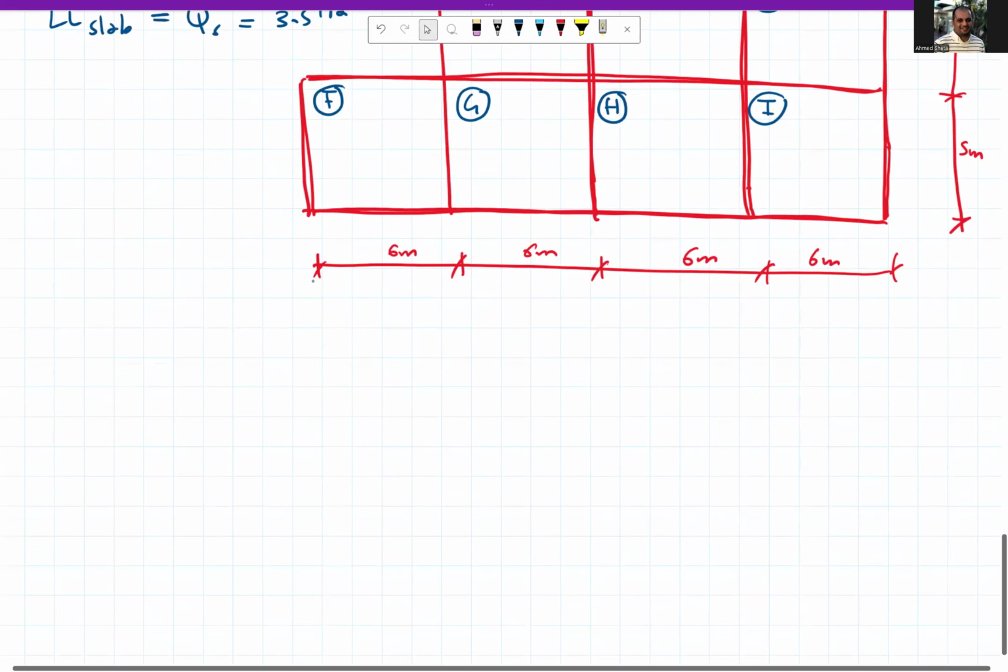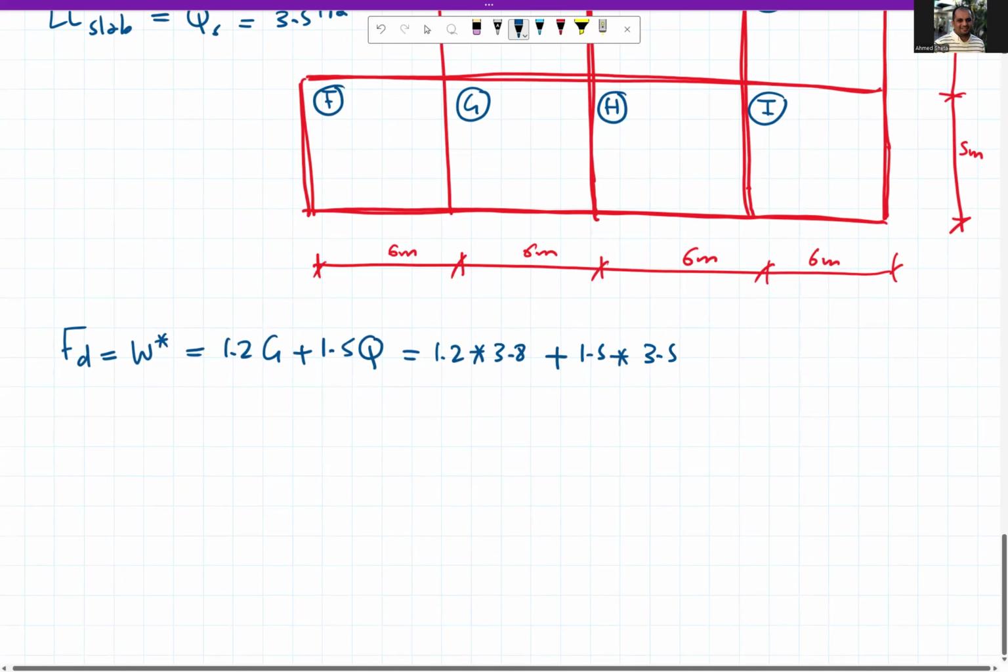So we have FD equal to W* equal to 1.2 G plus 1.5 Q. So we have 1.2 times 3.8 plus 1.5 times 3.5 equal to 9.8 kPa, 9.8 kilonewton per square meter. So this is the load on our slab, FD.